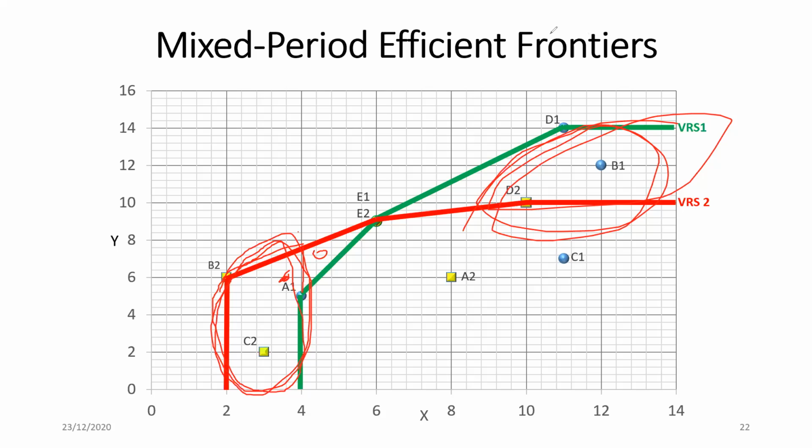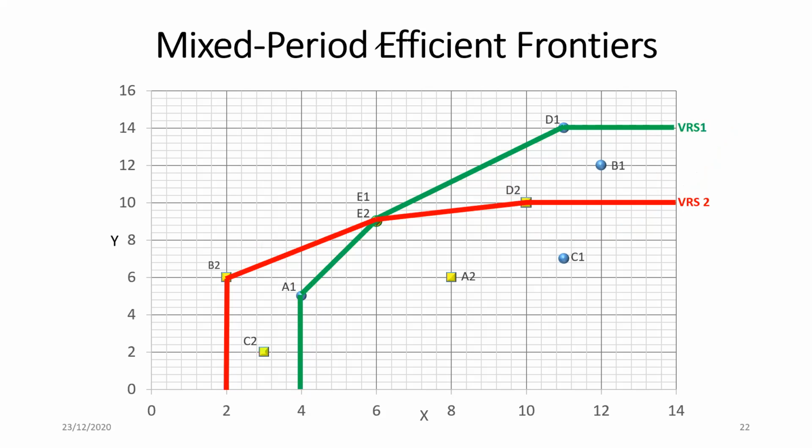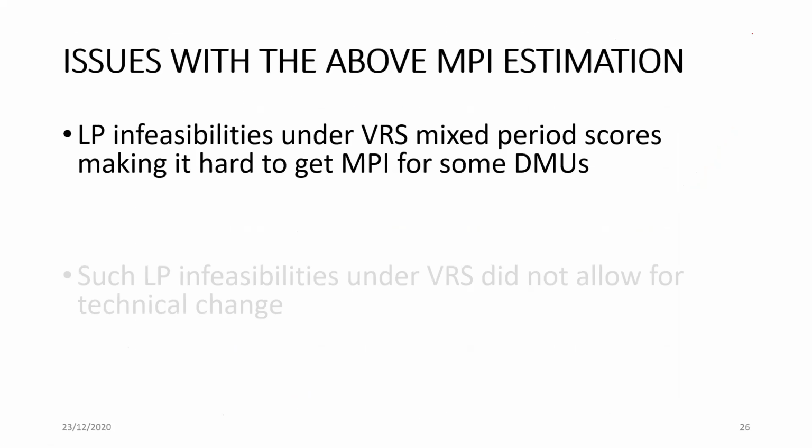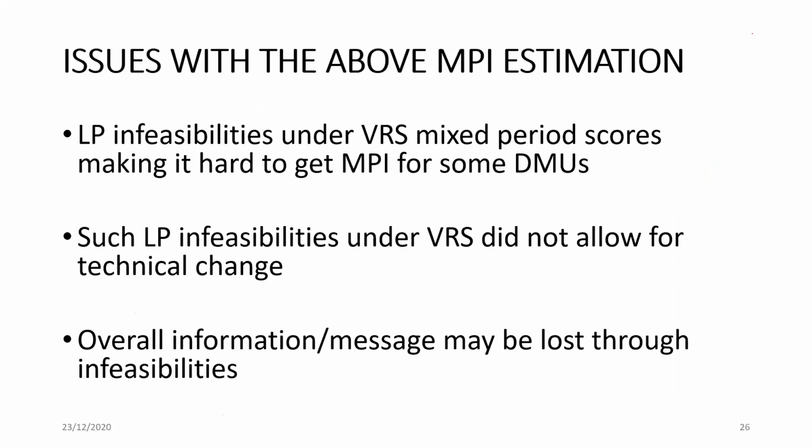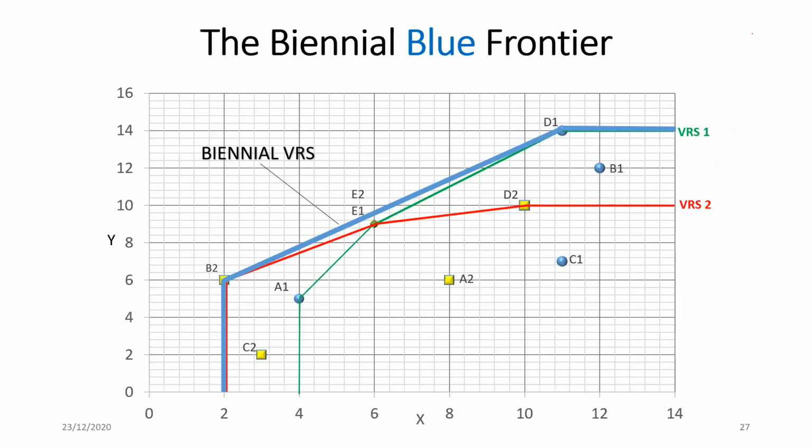But that's a way to demonstrate a problem. Now that you've demonstrated a problem, you can now think through how to solve the problem. Infeasibility is a big issue. And we'll come back to look at that by now bringing the biennial Malmquist into the picture.